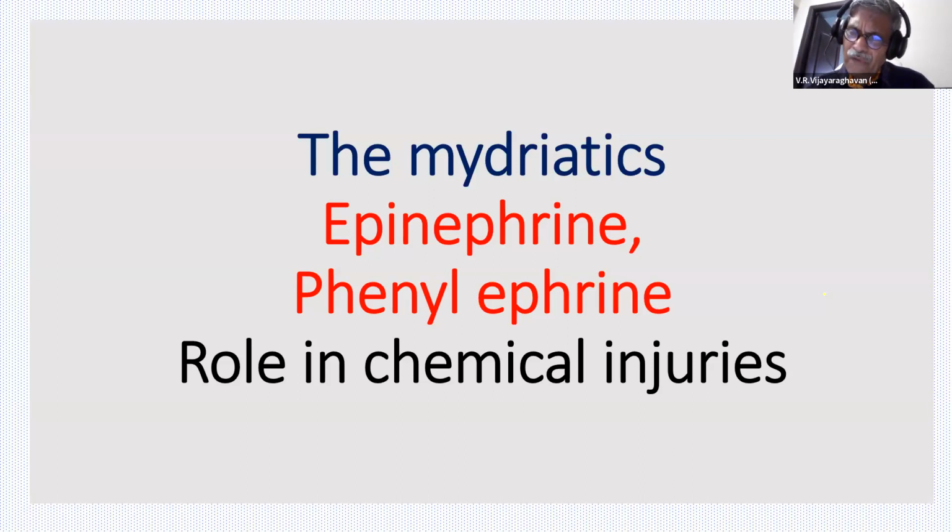If you see a case of chemical injury, and there is a phenylephrine eye drop, or tropicamide plus, which will have epinephrine or phenylephrine also, never keep that drug near the patient. Sometimes some nurse will come and put the drops. That's enough. That's why you must always be very careful. In chemical injury patients never apply phenylephrine or epinephrine eye drops. These are all contraindicated.